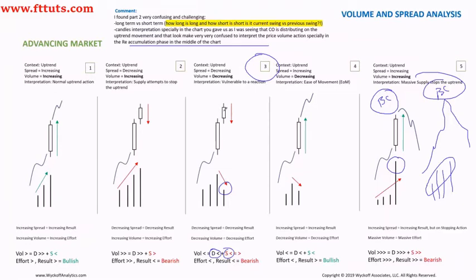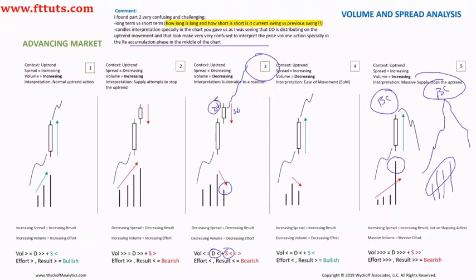So this is much more problematic on the analytical level, and the price could be seen as just diminishing demand, but supply is lower, so therefore there might be a continuation.